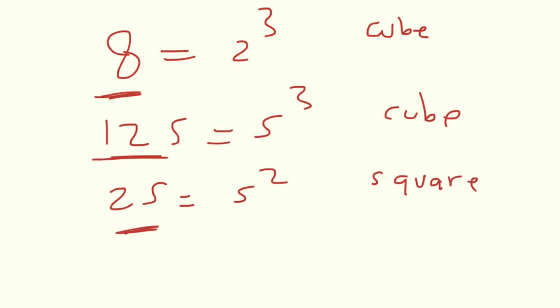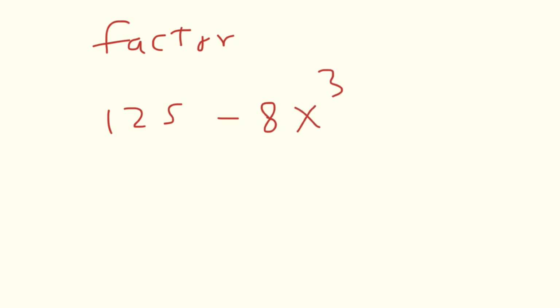One more example. If I ask you to factor 125 minus, suppose for example, 8x cubed. According to the rule, first, to make it easier, ask yourself, is this a cube quantity or a square quantity? Cube.